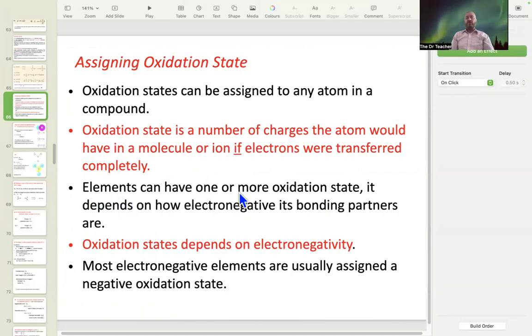Elements can have one or more oxidation states. It depends on how electronegative its bonding partners are. So it could be more than one oxidation state. Oxidation state depends on electronegativity. Most electronegative elements are usually assigned a negative oxidation state. Why negative? Because they gain electrons.